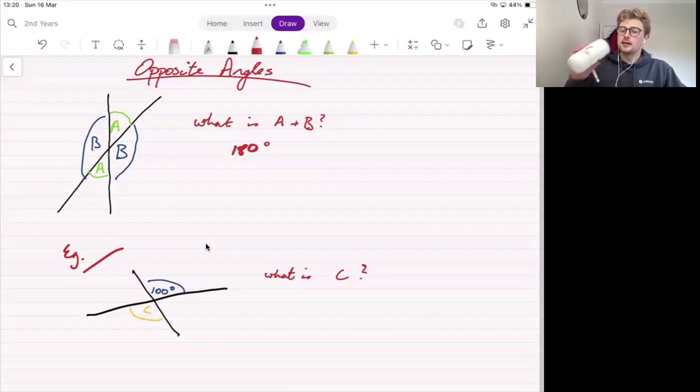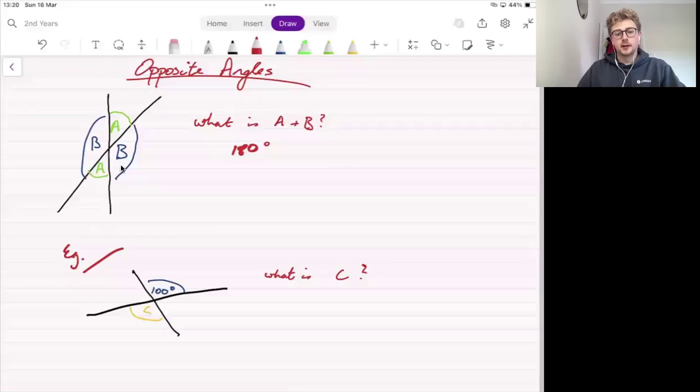They're vertically opposite angles. And what do you know about vertically opposite angles?